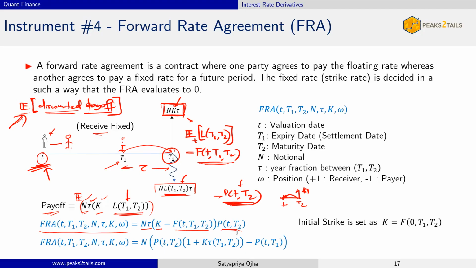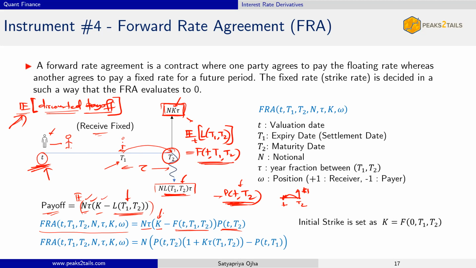Now, if this is the formula, first and foremost, how do we decide K? K is the fixed rate, right? Somebody will tell you, okay, I'll give you fixed rate K for this period, and you give me the floating rate. They'll agree to this FRA contract, but in that contract, K would be decided at the inception. This is the fixed rate I will pay.